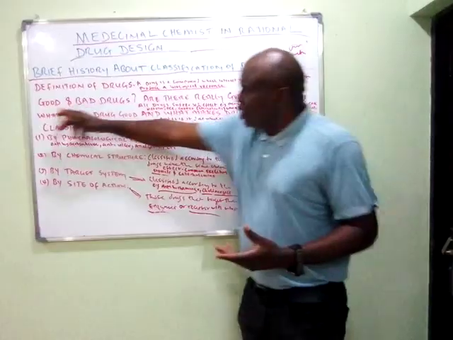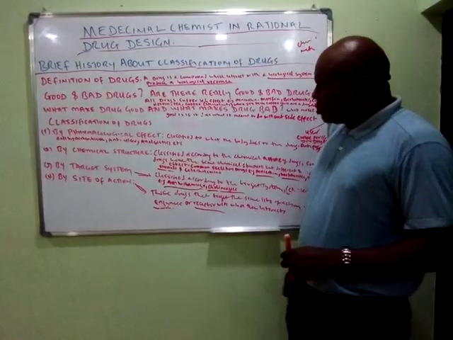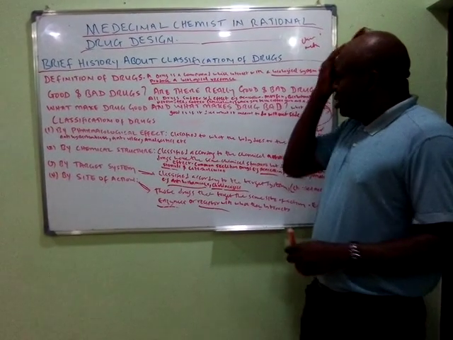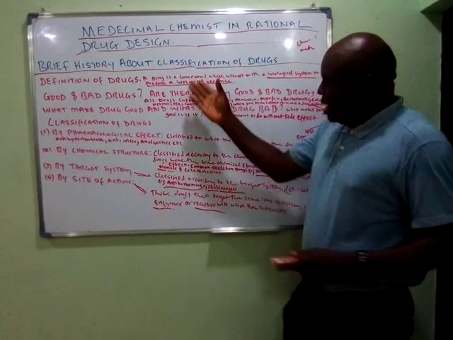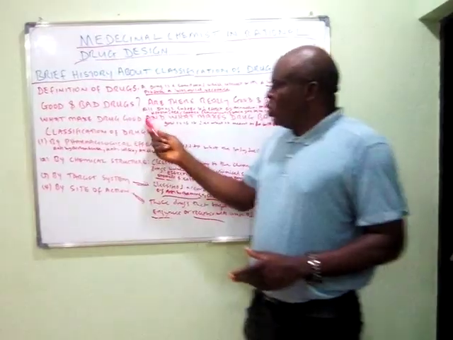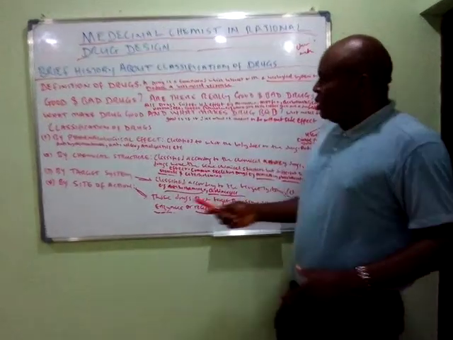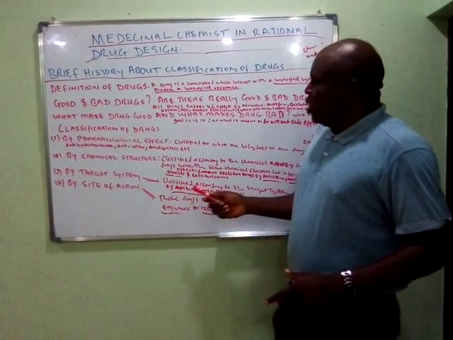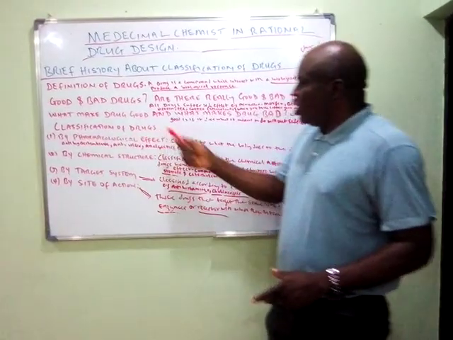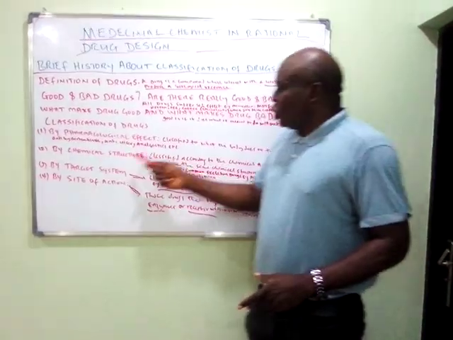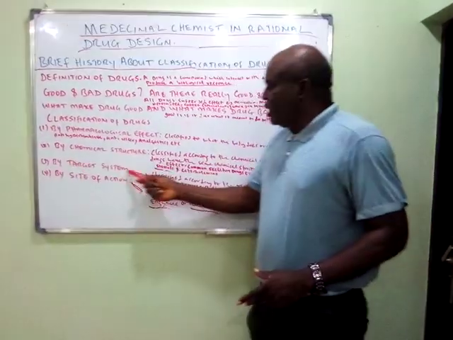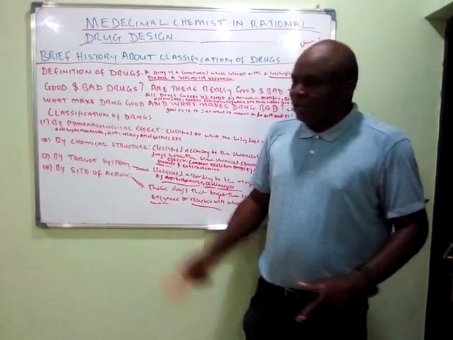I mentioned good and bad drugs, that all drugs suffer side effects, and what makes a drug good and what makes a drug bad. And I also talked about classification of drugs by pharmacological effects, by chemical structures, by target system, and by site of action.